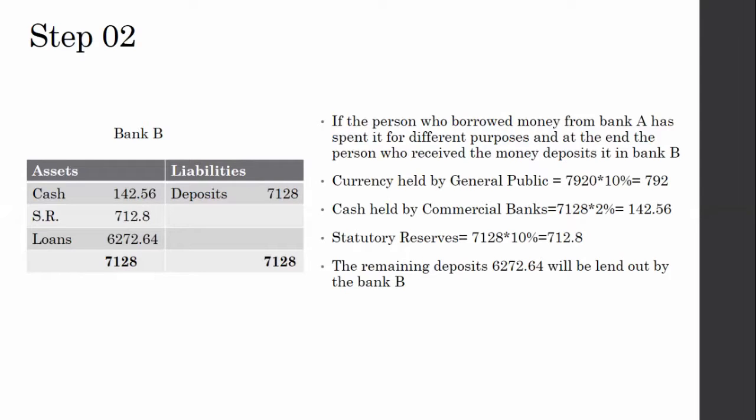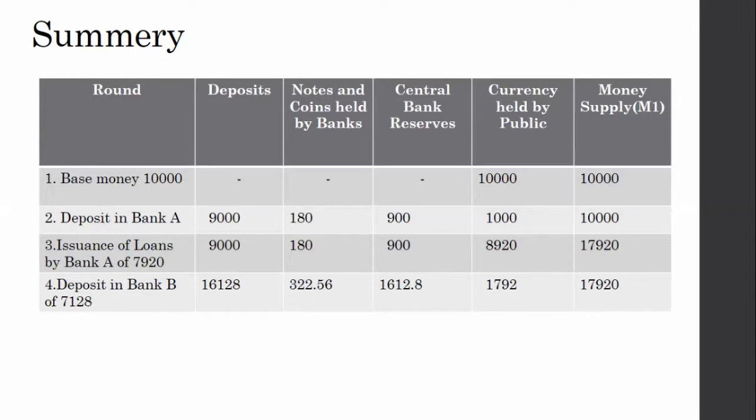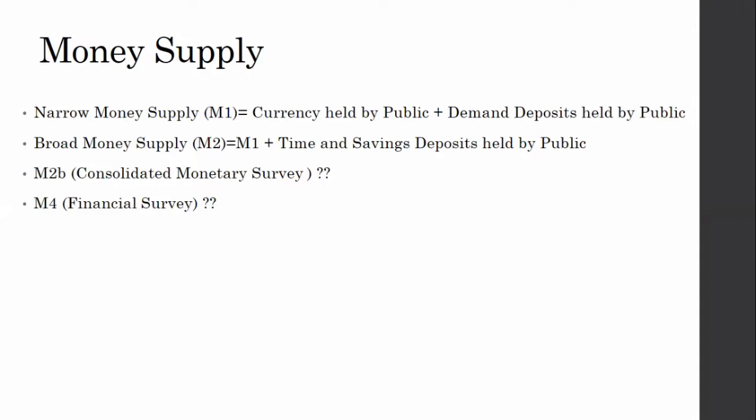Now we are going to summarize these steps using a summary table. It covers the rounds and the deposits, notes and coins held by banks, central bank reserves, currency held by public, and finally the money supply we are going to calculate. Before that, coming to the definitions of money supply, we have different definitions. One is M1, the narrow money supply.